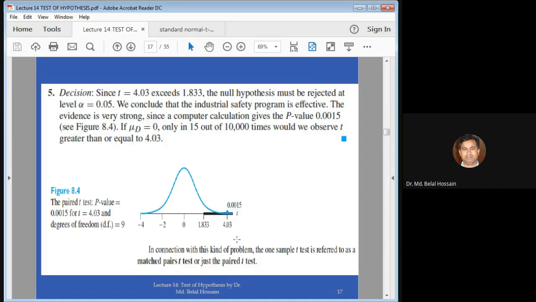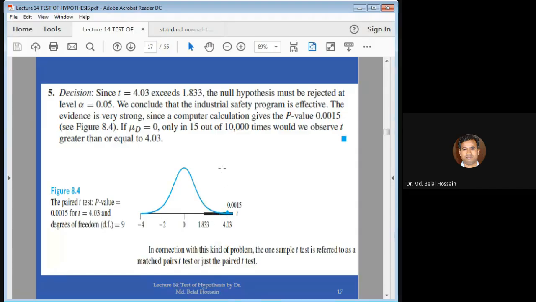So they did that also using SAS, that the p-value is 0.0015. So this is a highly significant value, okay? So again, the alternative hypothesis is greater than, so that rejection region is on the right hand side, okay?